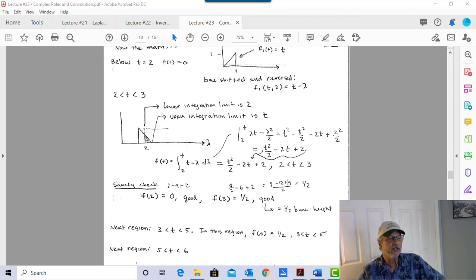So let's do a sanity check on that. f of 2 is going to give me 2 minus 4 plus 2, which is 0. That's good, because at f of 2, we know we're 0. f of 3, let's plug 3 into our formula. We substitute that in and we get 1/2.